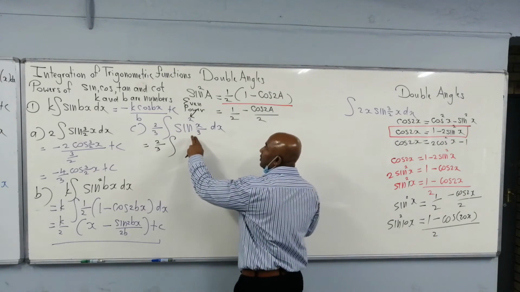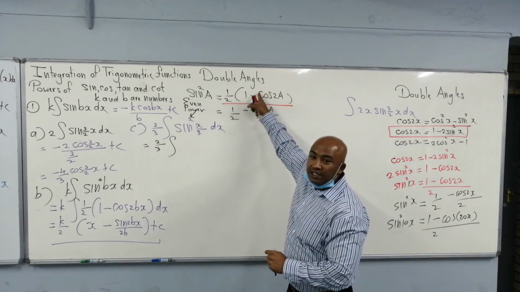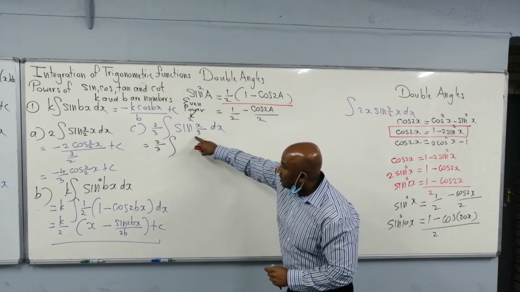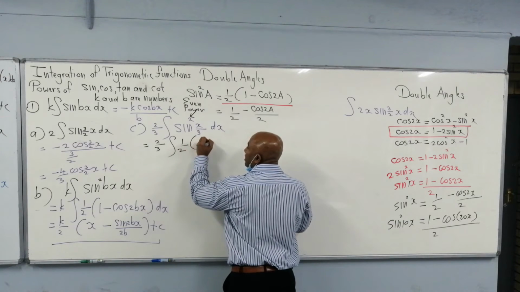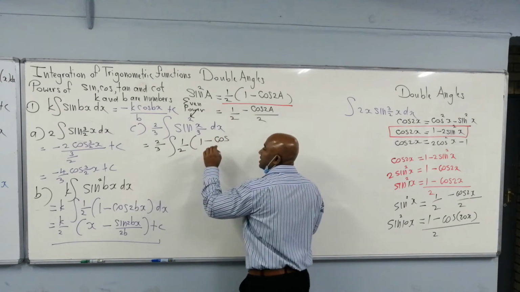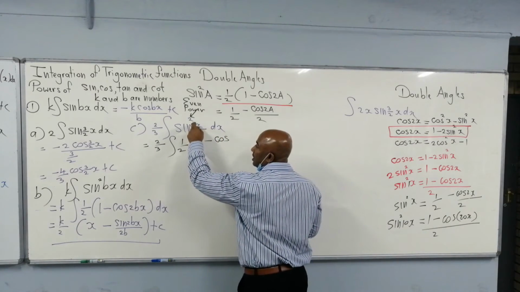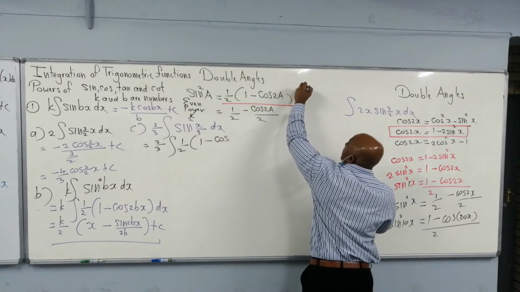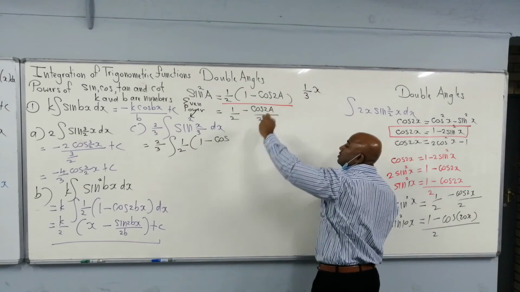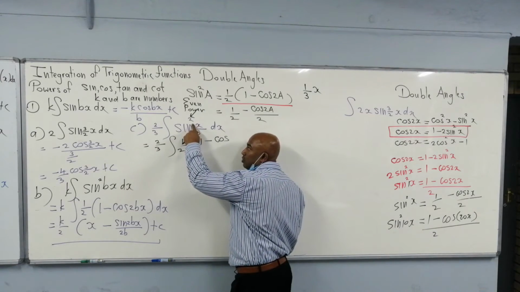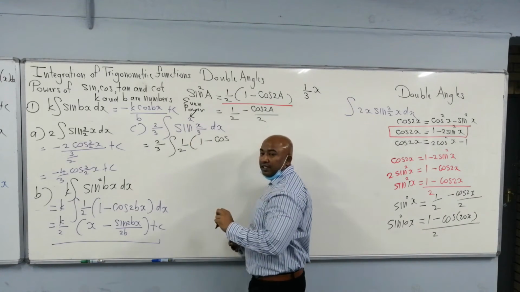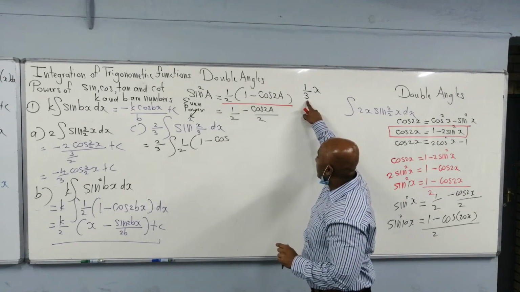So we go to our formula sheet, double angle formula, and we change sine squared into half, 1 minus cos double this here. Remember, the coefficient of x is not 1, it's 1 over 3. You should have realized that a long time ago. That is the coefficient of x there.